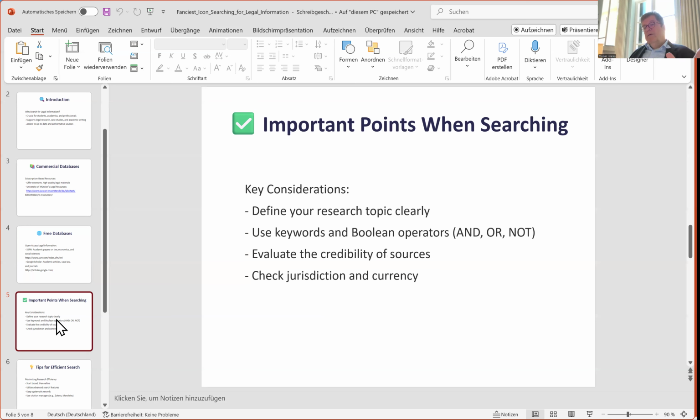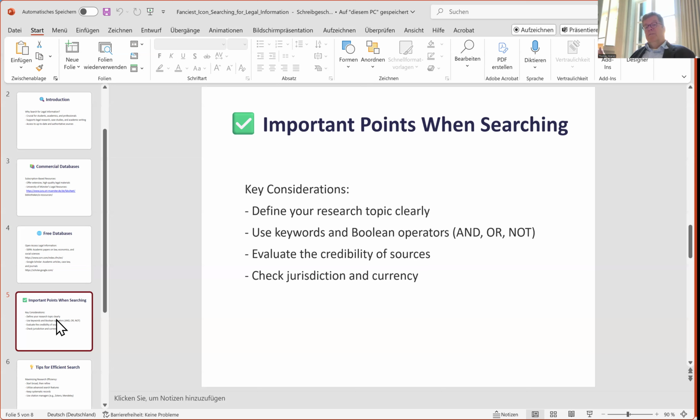In every way, either database or AI, you need to have a clear definition of your research topic. So try not to be too short in answering questions to ChatGPT. Formulate a precise question for an AI database.